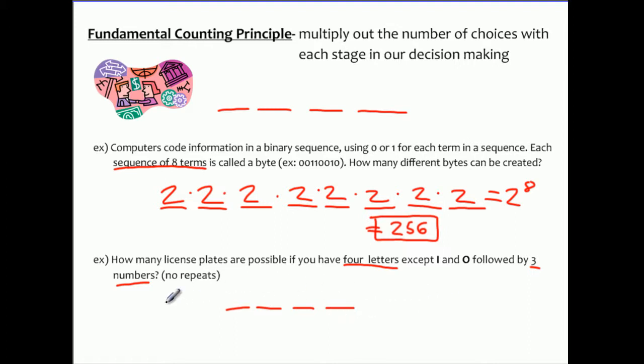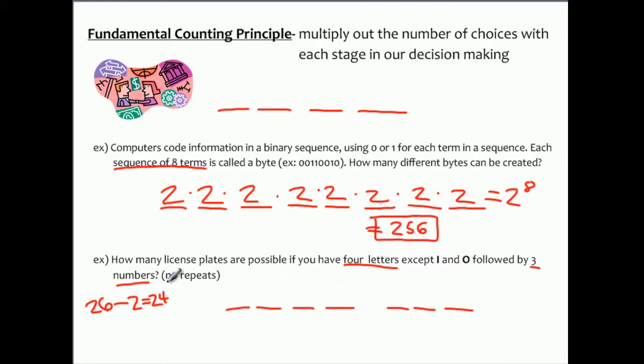And then we have 3 numbers that follow those 4 letters, so 3 go there. The number of letters in the alphabet, there are 26. We can't have I or O in there. So that's one condition. So 26 minus 2 gives 24. So there's 24 possible letters in play for these first 4 positions.